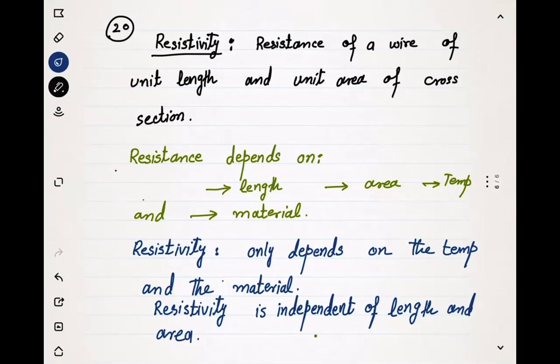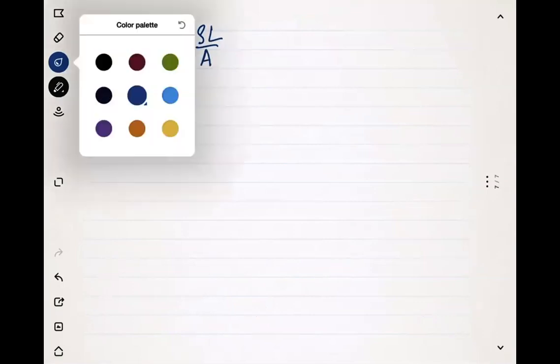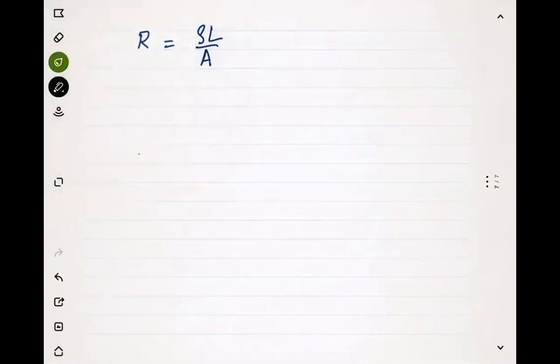Now, if we write a formula for resistance and resistivity, the formula for resistance could be written as R is equal to rho into L over A. In this formula, rho is the resistivity.